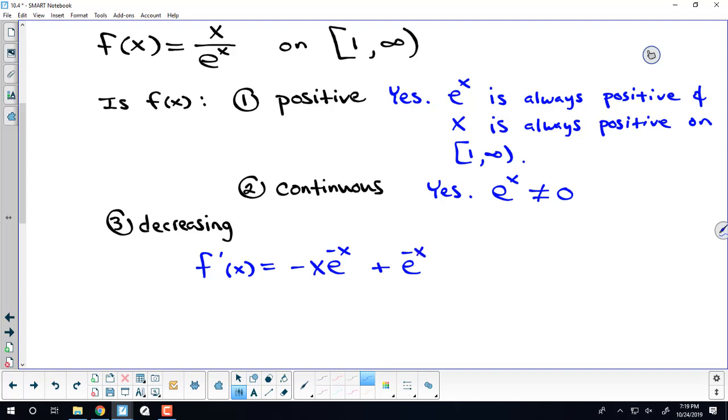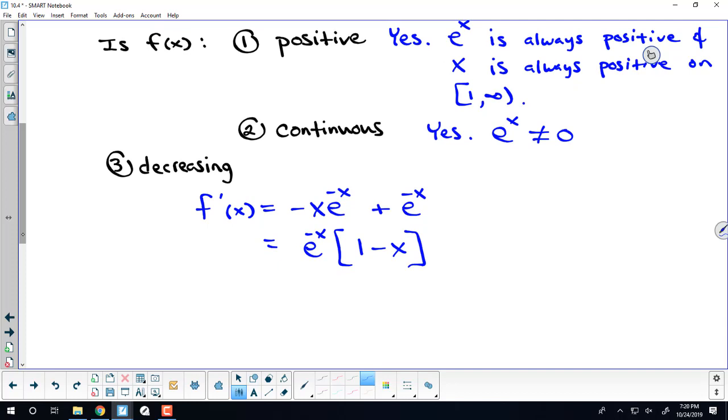So the first derivative is that. Which is that. And this is equal to 0 when x is equal to 1.